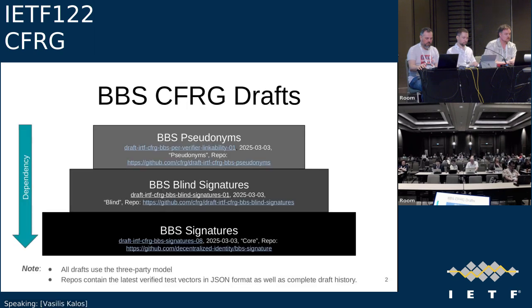So, three documents: the main BBS signatures document, and then a blind signatures and the pseudonym extension. Every one of them builds essentially on the previous one. So blind signatures are an extension of the main core signature document, and then pseudonyms are building on blind signatures.